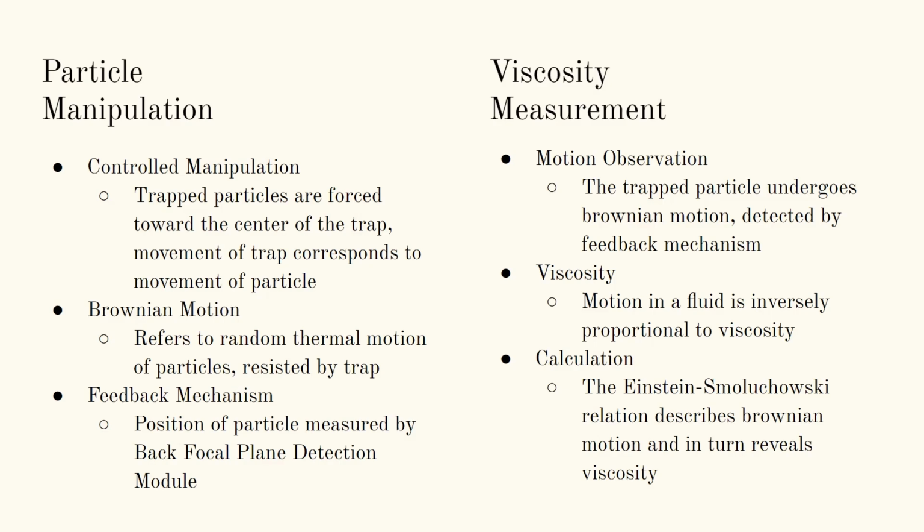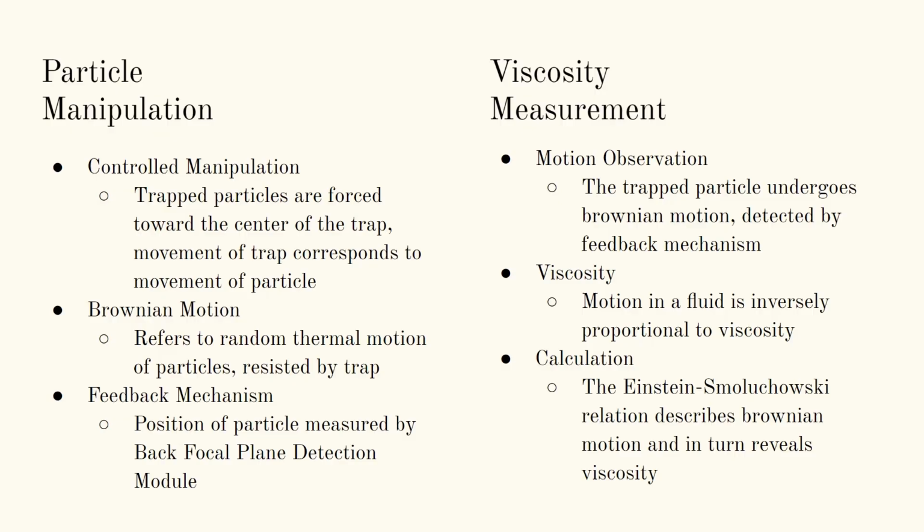And the whole point of this experiment is to figure out what the viscosity of the medium is that this microsphere is resting in. So we need some sort of method for doing that, some sort of mathematical analysis probably. The particle that we're trapping here ends up undergoing Brownian motion, of course, because it's going to be kept in different liquid media.